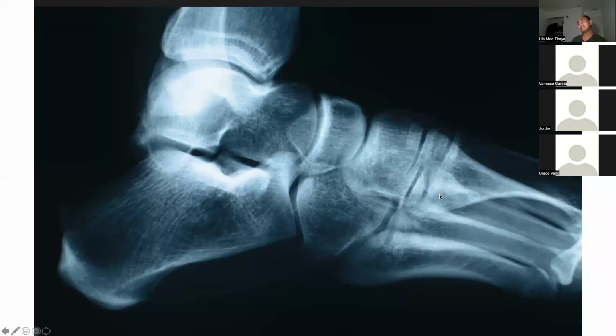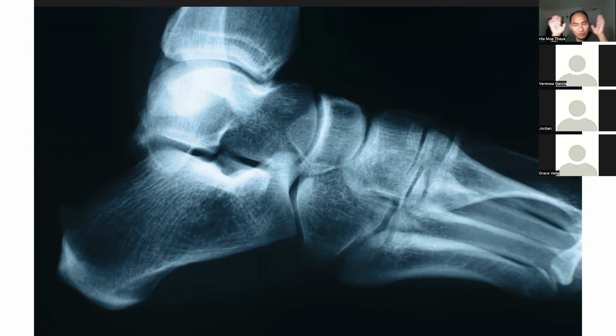So now we can see the same thing, like the talus, which is just underneath the tibia, and the calcaneus, our heel bone, and we can see the navicular bone. This is the cuboid bone, and these are the cuneiforms, and these are the metatarsal bones.